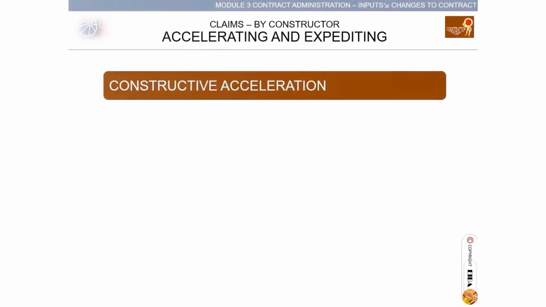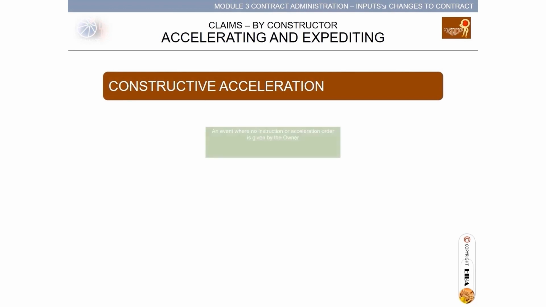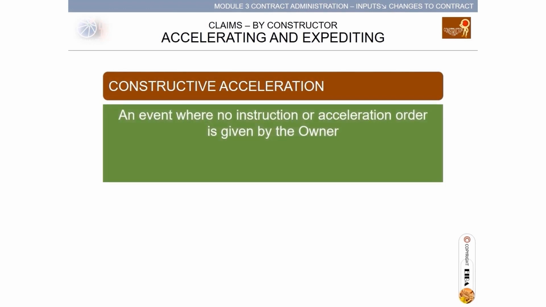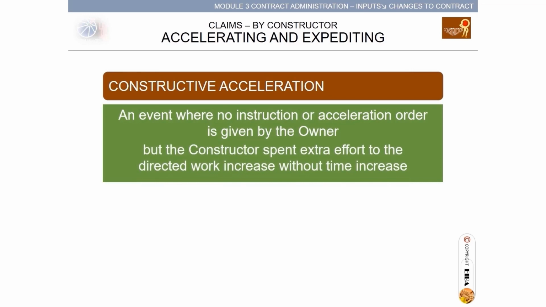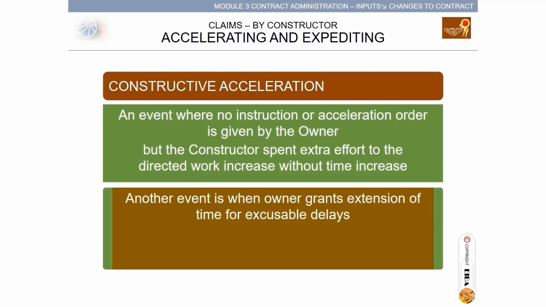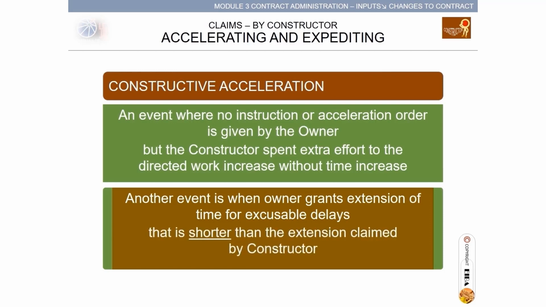In constructive acceleration, no instruction or acceleration order is given by the owner, but the constructor spends extra effort on the directed work increase without time increase. Another event is when the owner grants an extension of time for excusable delays that is shorter than the extension claimed by the constructor.